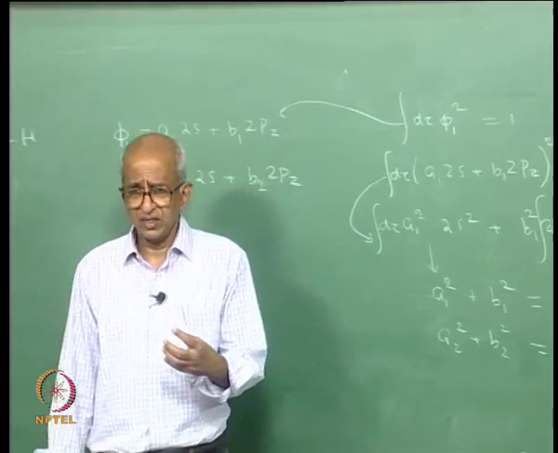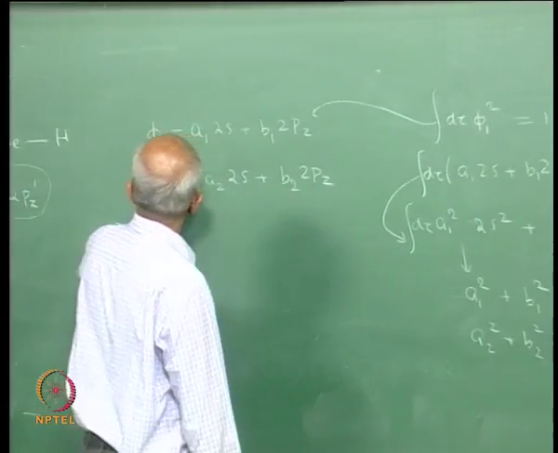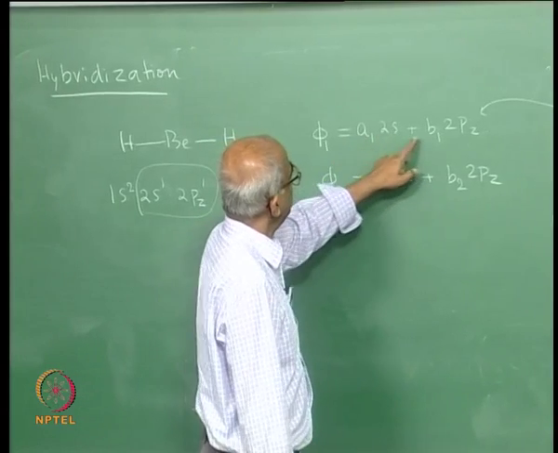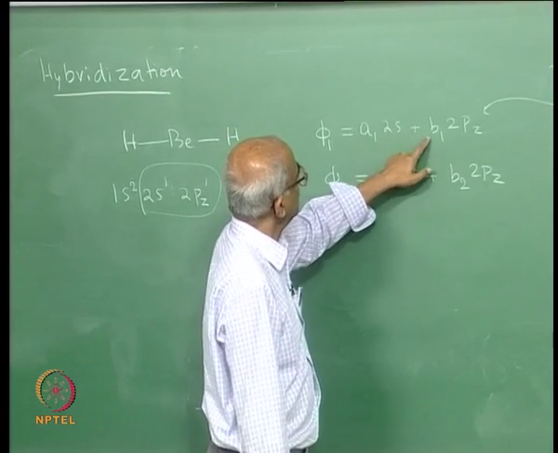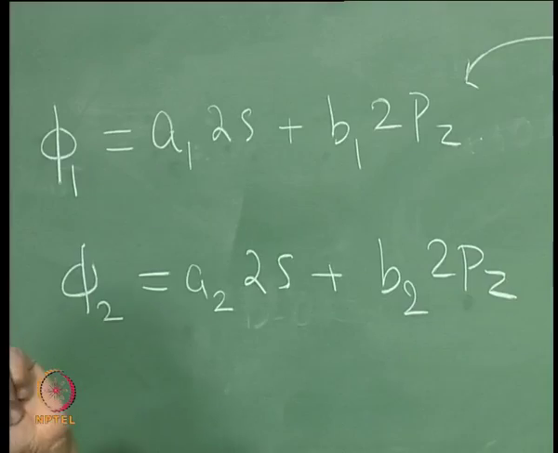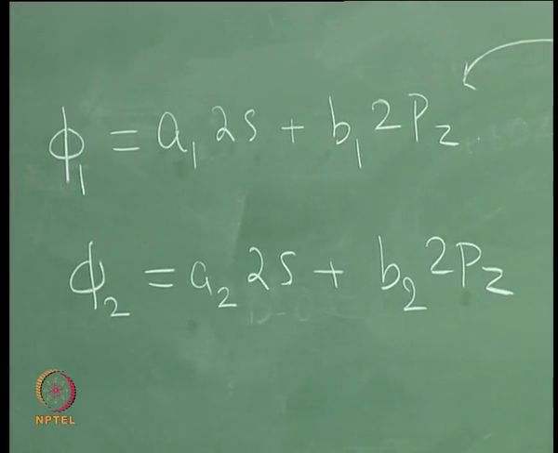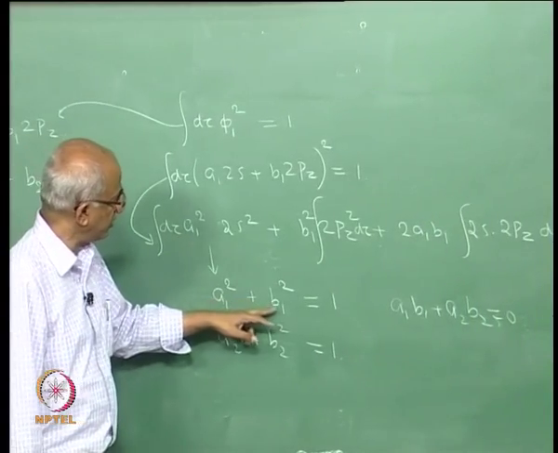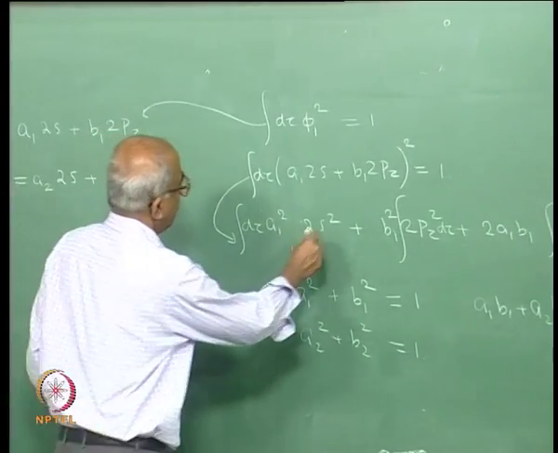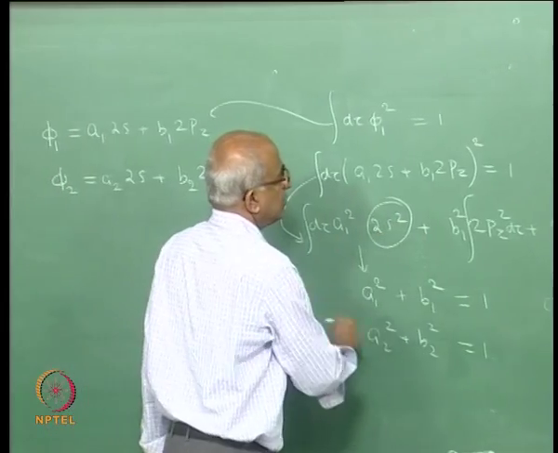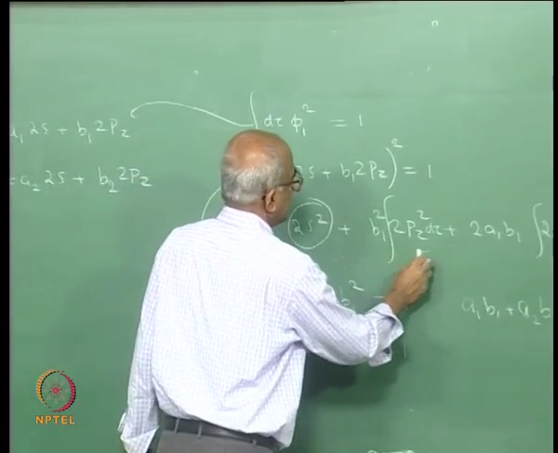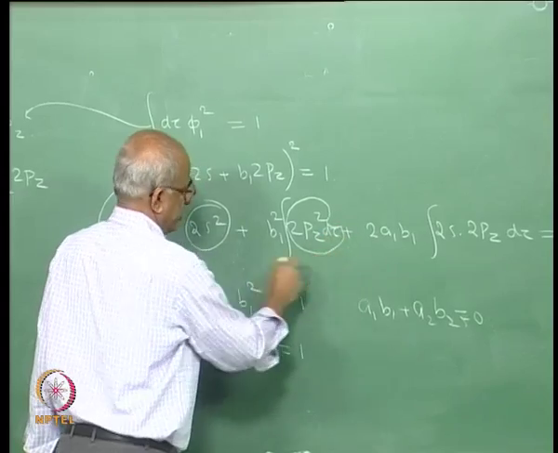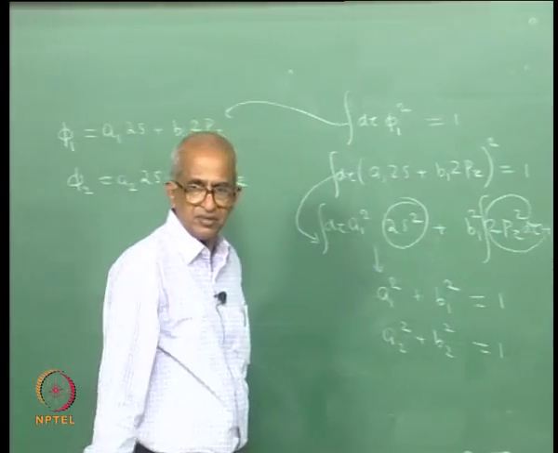Now, if you look at this expression, phi 1 is given by a1 into 2s plus b1 into 2pz. And further, I have also found that a1 square is the coefficient of 2s square, and b1 square is the coefficient of 2pz square, if you think of phi square.